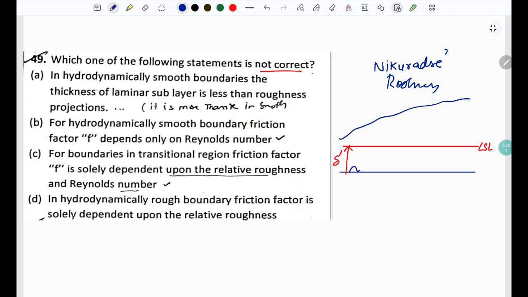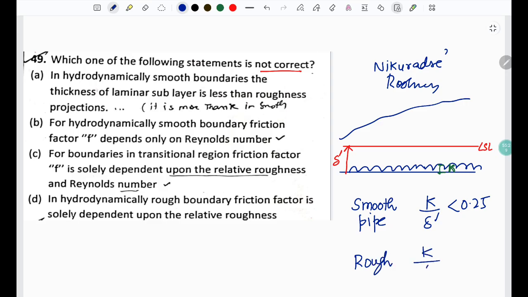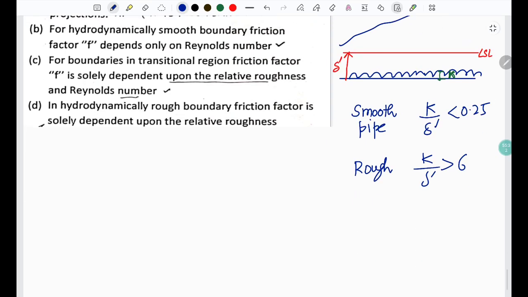And we know in a hydrodynamically smooth boundary the average projection height is given by K. For a hydrodynamically smooth pipe, this ratio of K by delta dash is less than 0.25, whereas for a hydrodynamically rough pipe, K by delta dash is greater than 6.